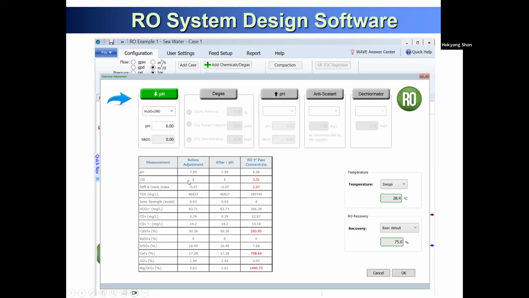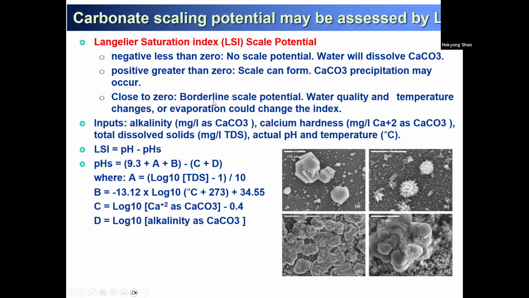When pH A, LSI value 1. After pH same, and then RO concentrate 3.3 increased. So how can we make this red color to the black color? We have to have a negative rather than positive because positive means scale can form.